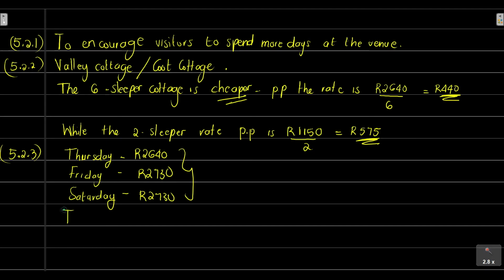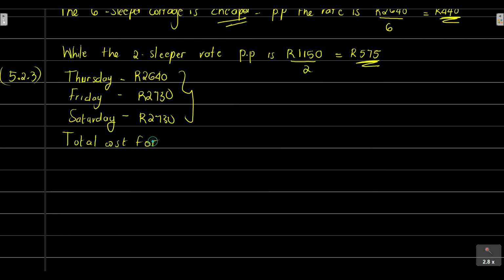Therefore we can say that the total cost for accommodation will be equal to 2,640 plus 2,730 times 2, or you can just say 2,730 plus 2,730.